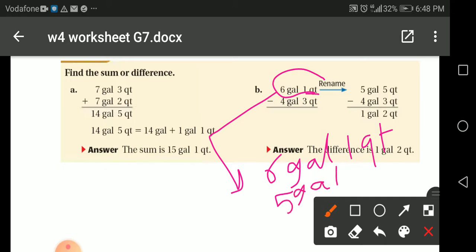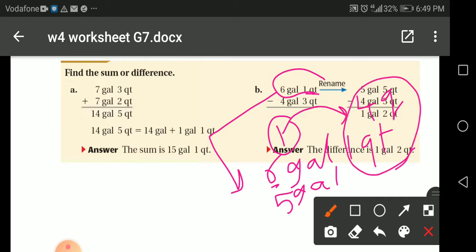Change 1 gallon into 4 quarts, to get 5 quarts and 5 gallons. So I can subtract 4 gallons from 5, and I can subtract 3 quarts from 5 quarts.